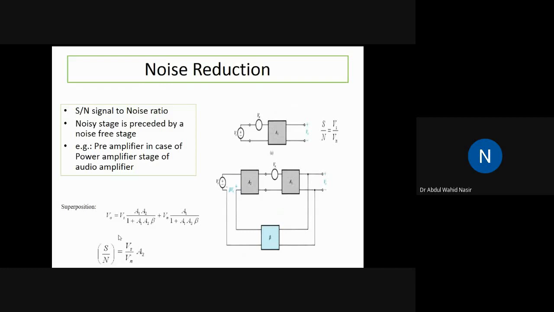In that case, we get Vs by Vn into A2. So Vs by Vn is actually the signal to noise ratio without feedback. Now once we consider feedback, the signal to noise ratio we get is Vs by Vn into A2. That means the signal to noise ratio is getting multiplied by A2. Since there is an improvement in signal to noise ratio, we can comment that in a feedback system noise reduction is also there.